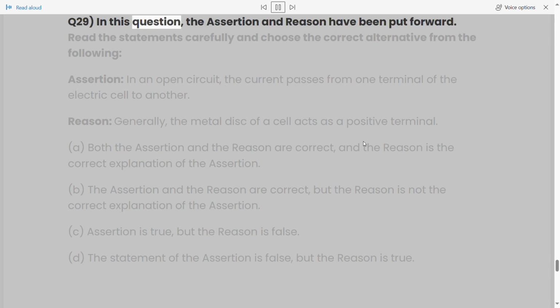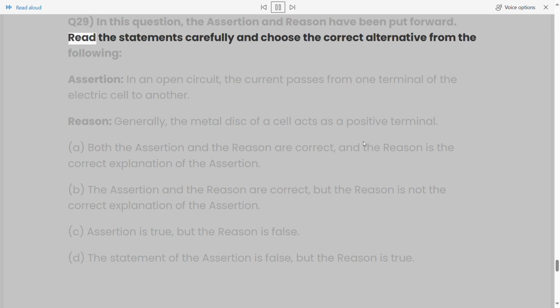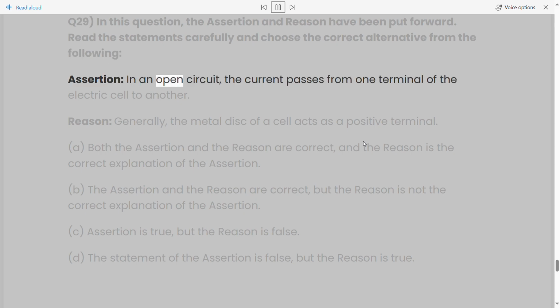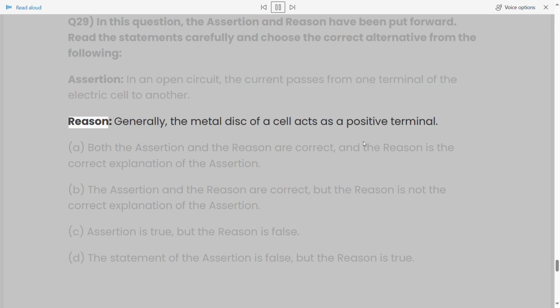Q29. In this question, the assertion and reason have been put forward. Read the statements carefully and choose the correct alternative from the following. Assertion: in an open circuit, the current passes from one terminal of the electric cell to another. Reason: generally, the metal disc of a cell acts as a positive terminal.